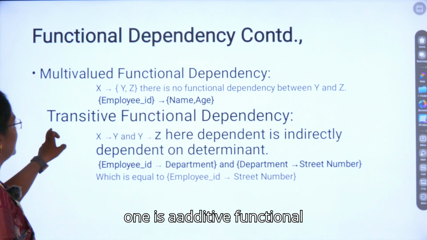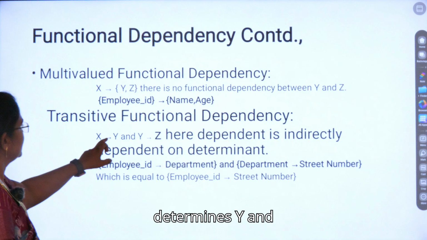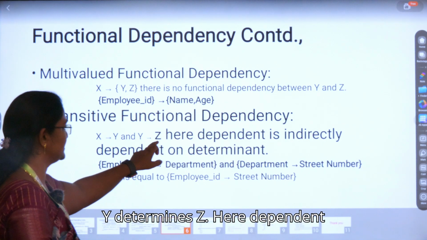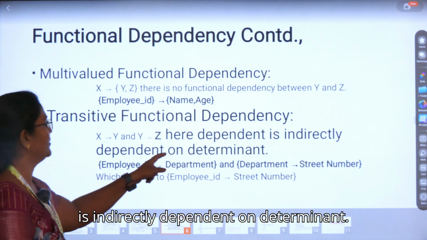Next one is a transitive functional dependency. It states that X determines Y and Y determines Z. Here the dependent is indirectly dependent on the determinant.